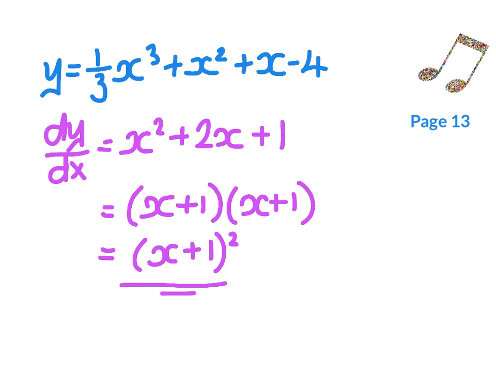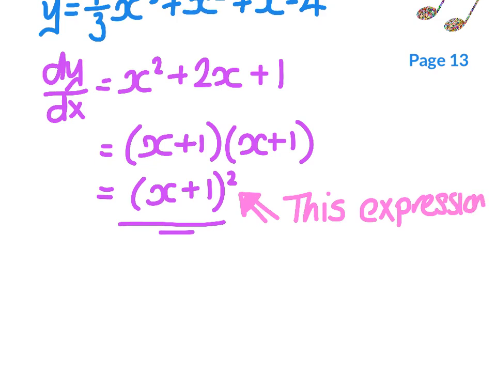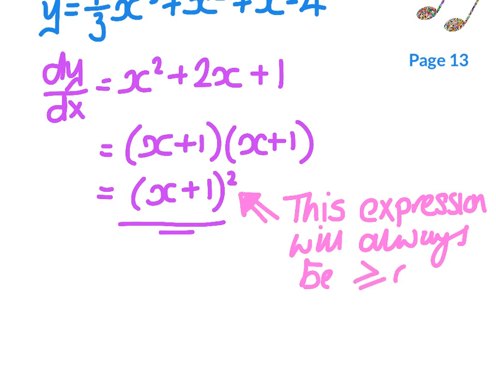What I need to do is find an appropriate way of communicating that to show that I've understood what's happened. So I'm going to start by saying this expression will always be greater than or equal to 0, because it could be 0 if what's inside the brackets was 0.